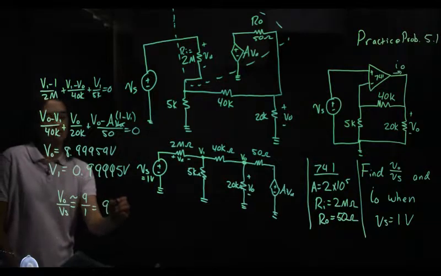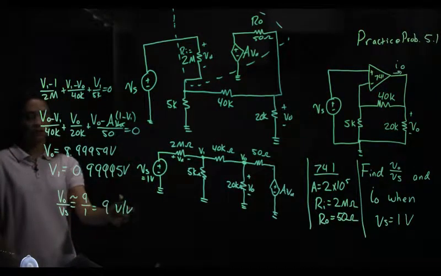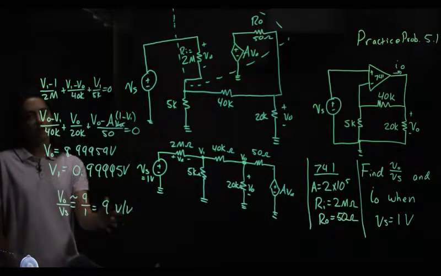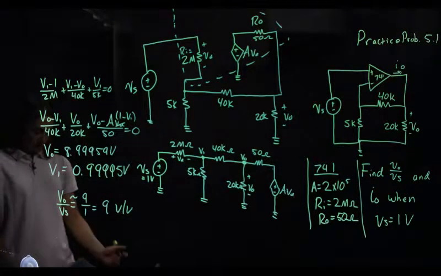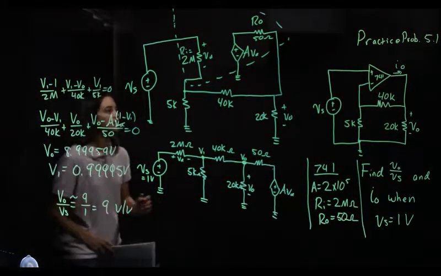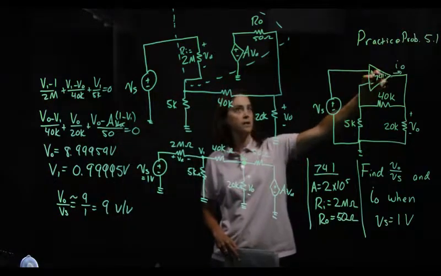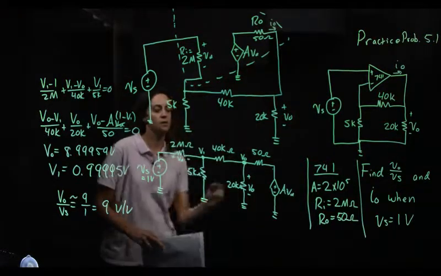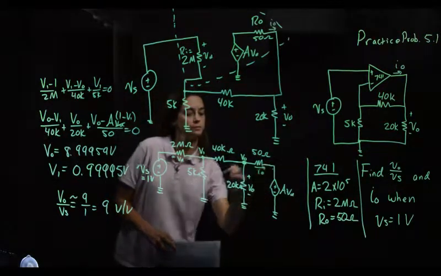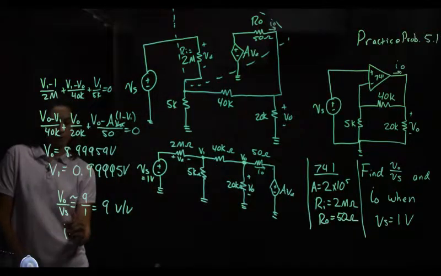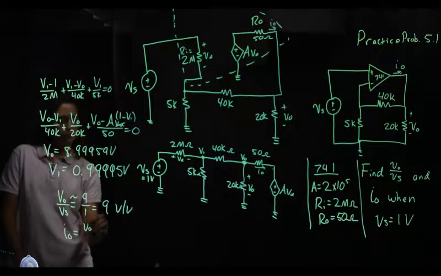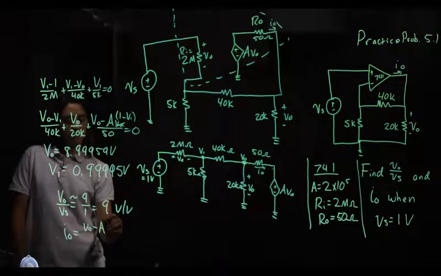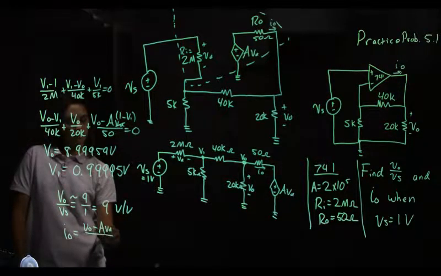When we talk about gain, you can write volts per volt to remind yourself it's a gain, or you can write no units, right? Because volts over volts is unitless. But sometimes we write that just to remind ourselves that it's a gain. And our current then, IO, was coming out right here. It means IO is here. So IO is across our 50 ohms. So IO is equal to the voltage on one side, VO, minus the voltage on the other, AVD, divided by the resistance, right?